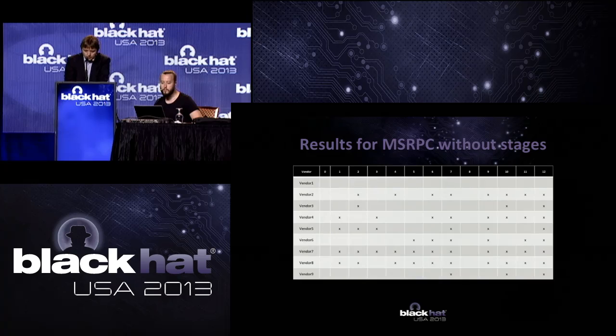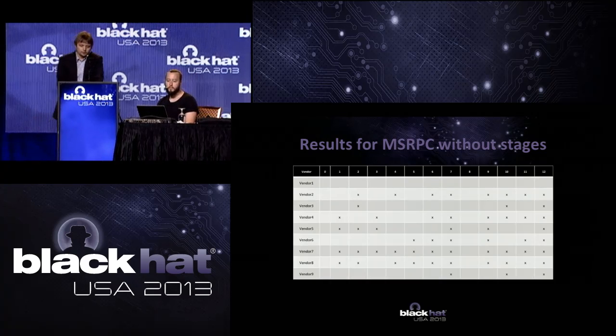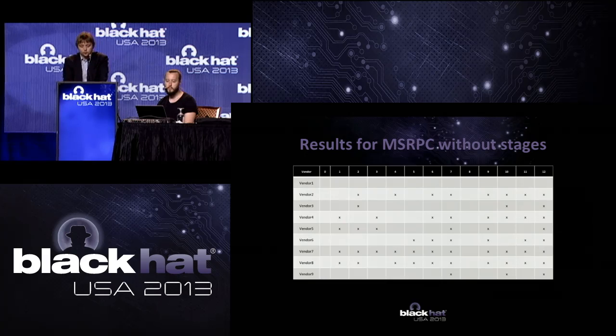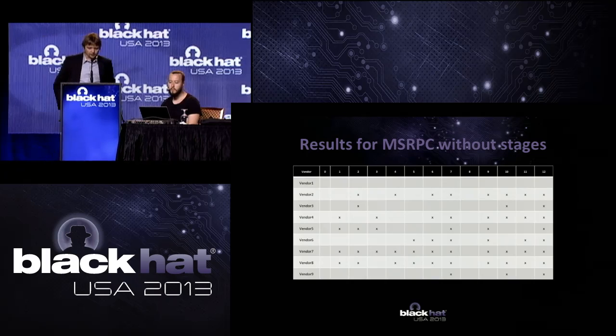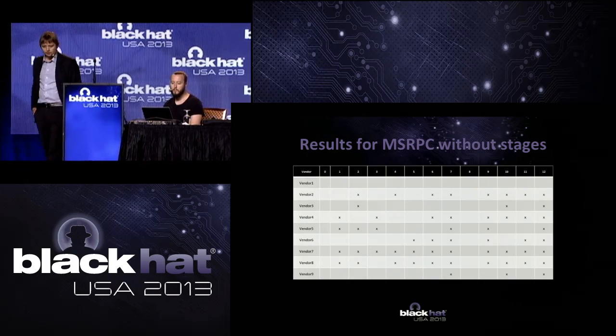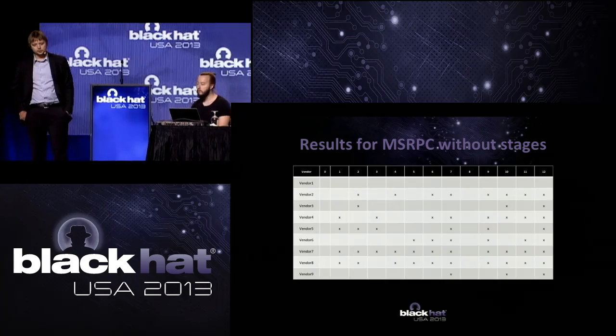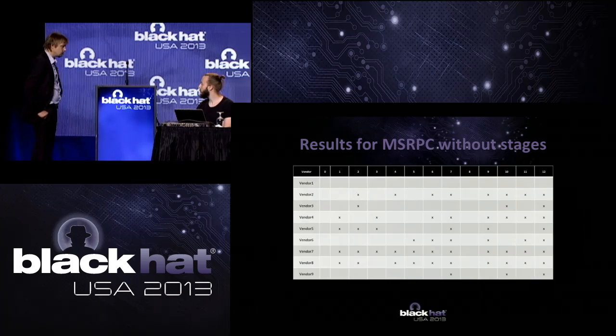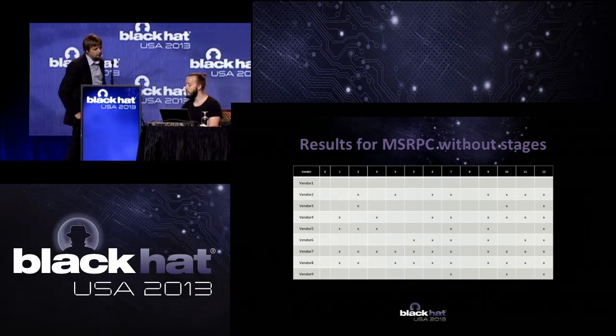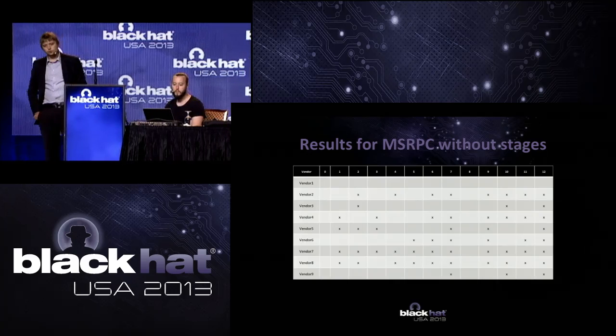So this is the result for the MSRPC attack. This would be the attack that the configuration would be using on the vulnerability. Basically, we can see that apart from one device, all the other IPS failed. We are not disclosing the vendor names here. I don't think that's a good idea.